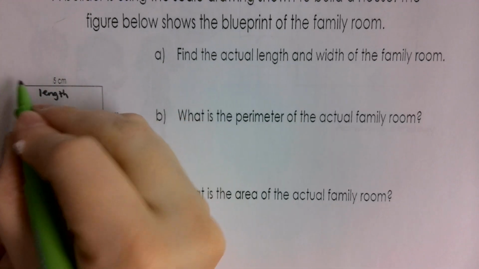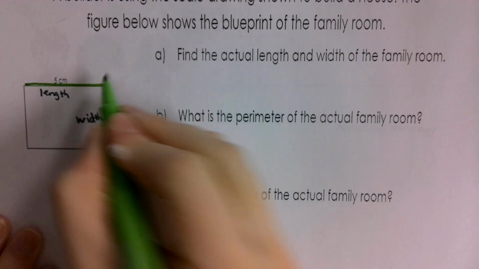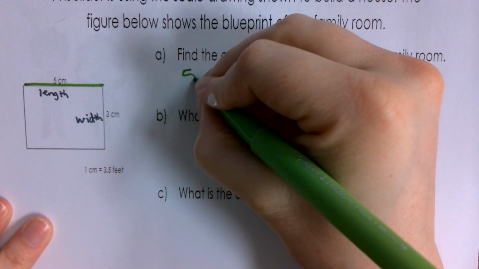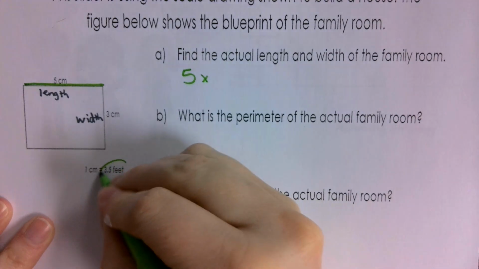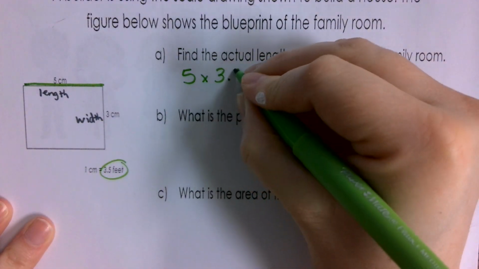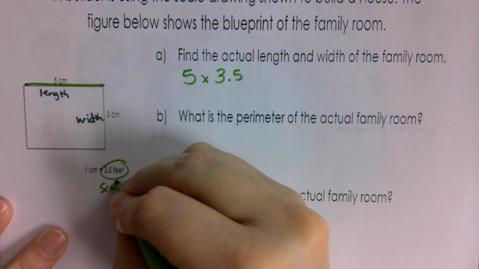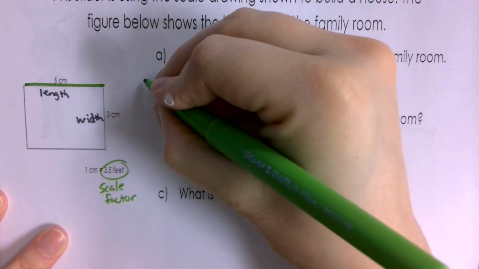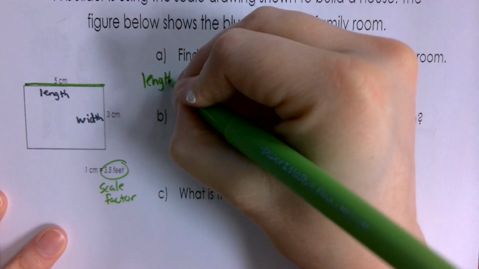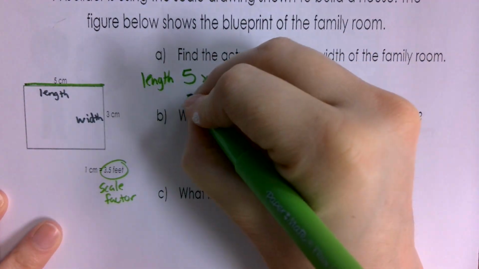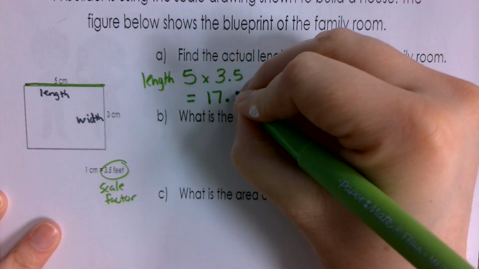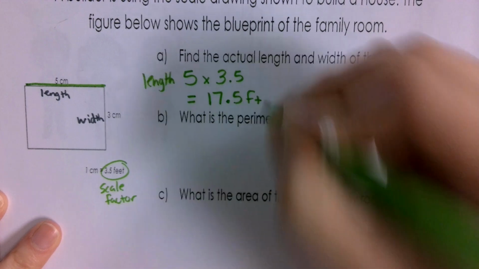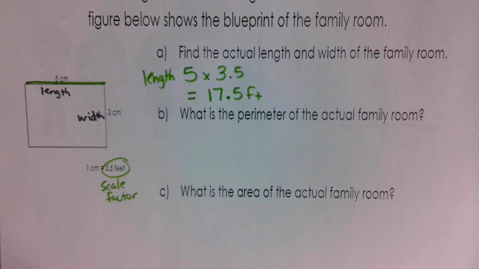So when we're doing the length, we're going to take the 5 and multiply it by 3.5. That's our scale factor. So 5 times 3.5, this is for our length, is going to give us what? 17.5, and it's for feet. This is measurement of feet, 17.5.